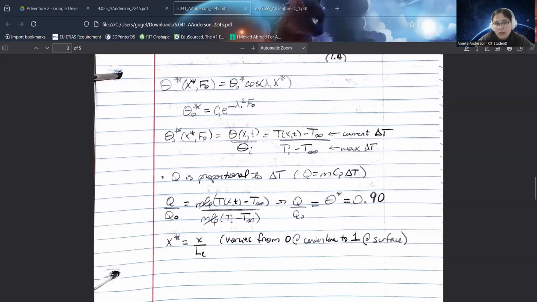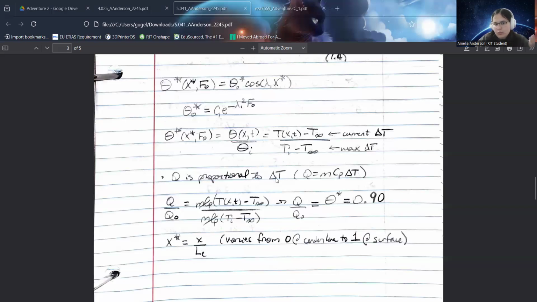We also recall that theta star is the non-dimensional temperature, or temperature delta T, sorry. And so that's temperature at some position and time minus the ambient, divided by your maximum delta T.